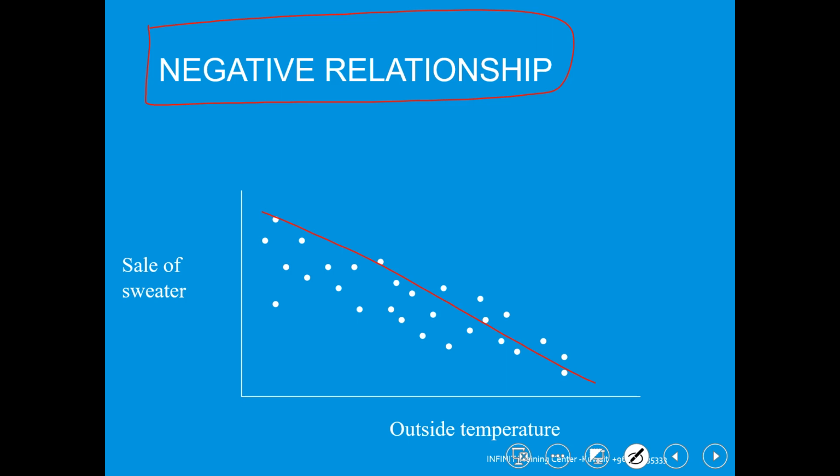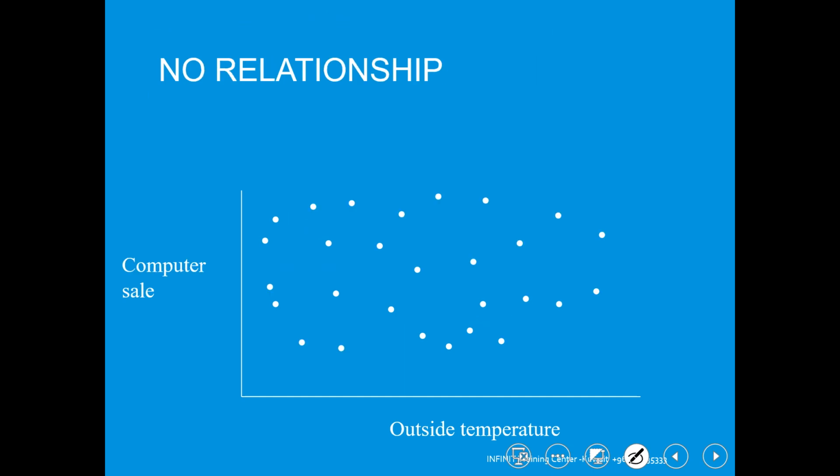Even a positive relationship is going to be between +1 and -1. And a perfect positive relationship is equal to +1, and a perfect negative relationship is equal to -1. And if there is no relationship between two variables, the value is 0, or the correlation is 0. There is no relationship.